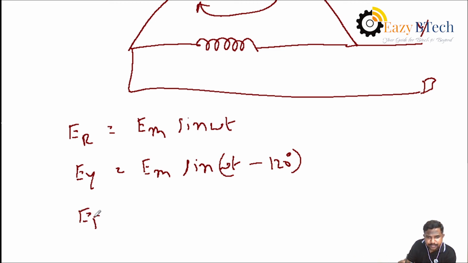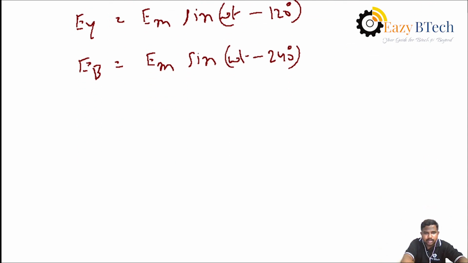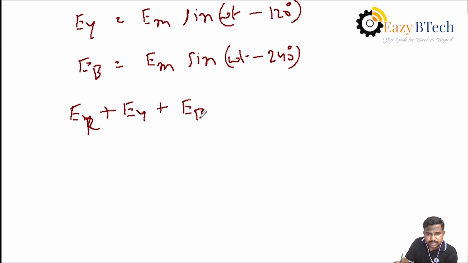Similarly, EB equals Em sin(omega t minus 240 degrees). According to KVL, ER plus EY plus EB equals 0.